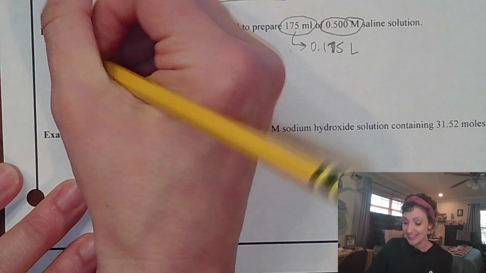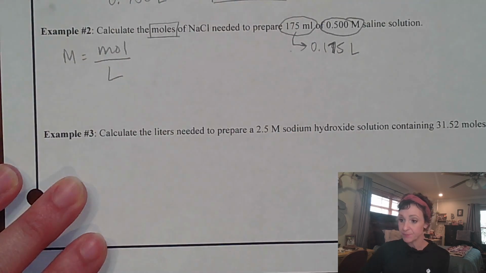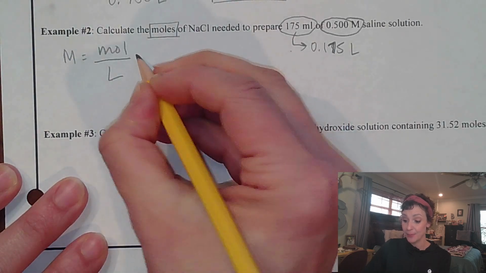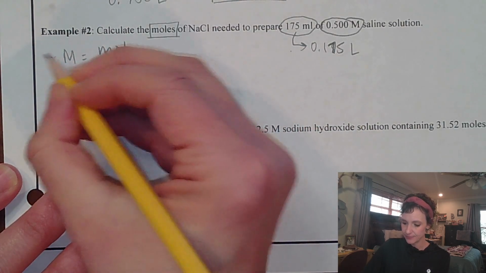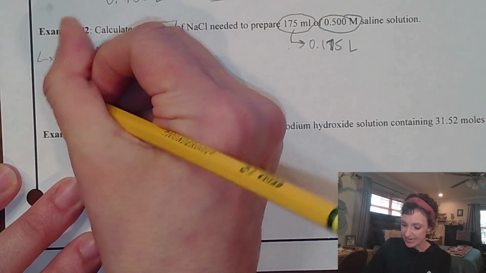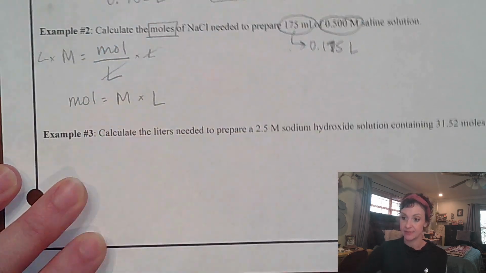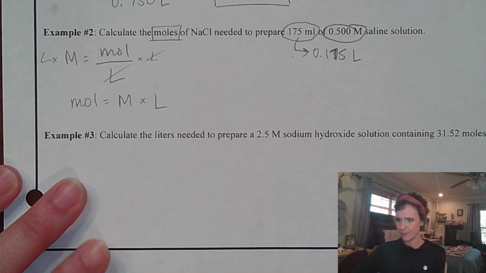The only thing sneaky that I have to do is rearrange my equation, right? So rearranging this equation is a little bit sneaky. I have to multiply both sides by liters, so the liters cancel out, to where this rearranges to state I have moles being equal to my molarity times my liters. Okay, I got both of those things.